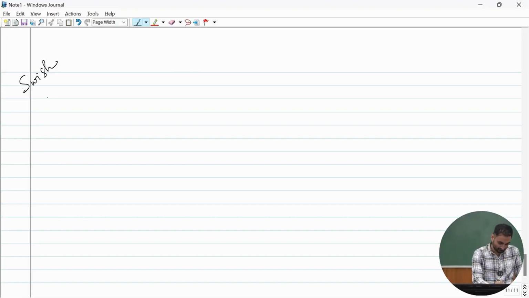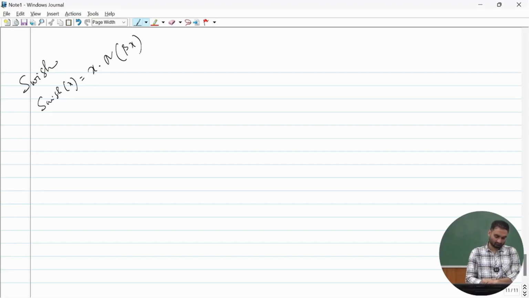Swish of x is x times sigmoid of beta x. Beta is again a trainable parameter, right? So essentially you are multiplying a non-linear part with a linear part, right? So the beauty of this Swish function is as follows.